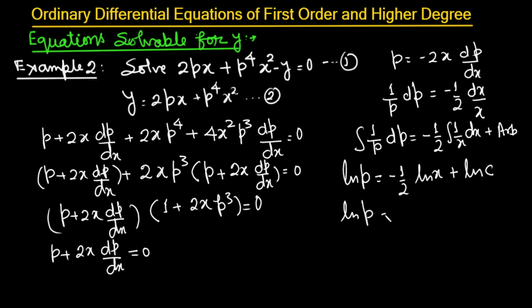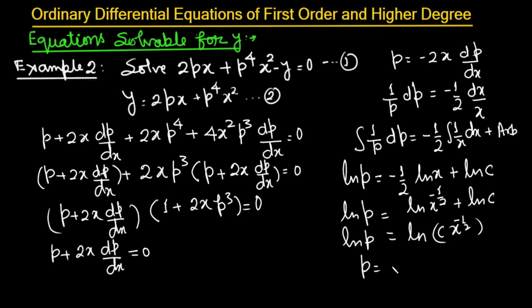So log p is equal to, we can write the first term as log x raised to the power minus 1 over 2 using the property of log, plus log c. And again, using the property of log, we can write it as log of c x raised to the power minus half, and this is the value of log p. Taking anti-log on both sides, we get p equals c x raised to the power minus half. So this is the solution of this first order and first degree equation in p and x variables.